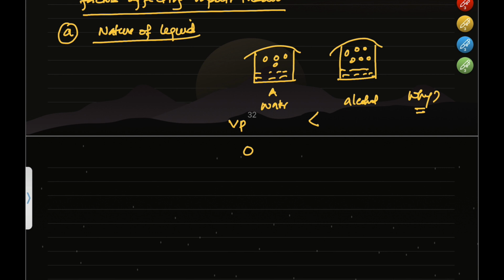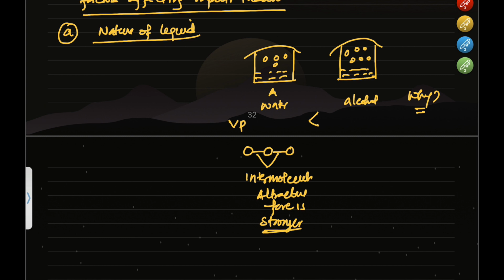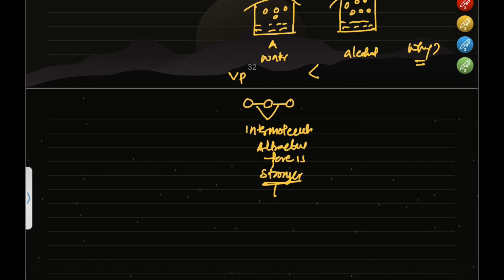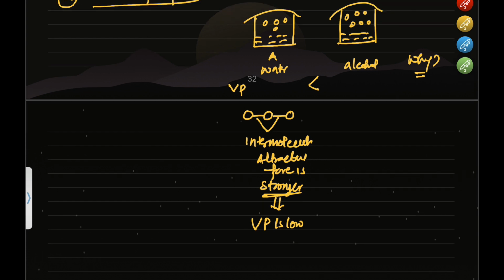The intermolecular attractive force between the molecules of water is stronger, so vapor pressure is low.